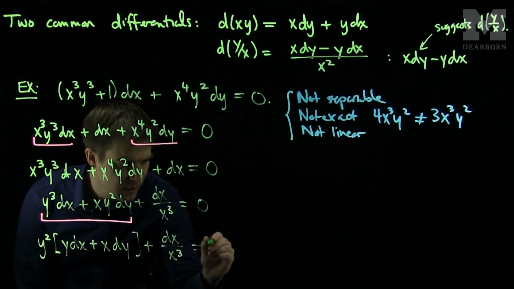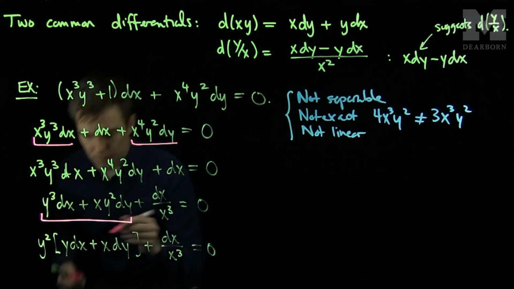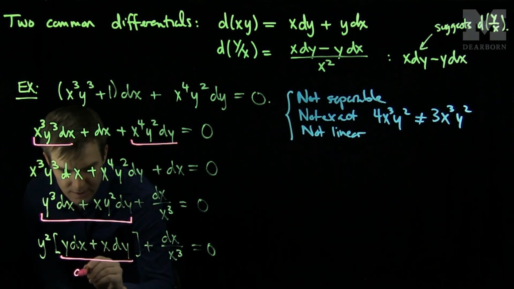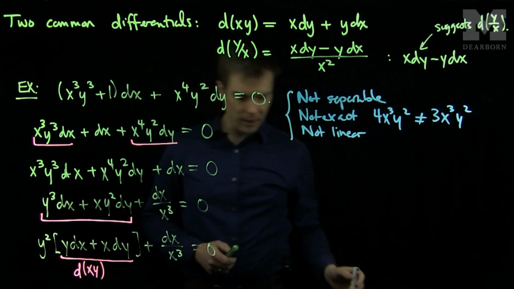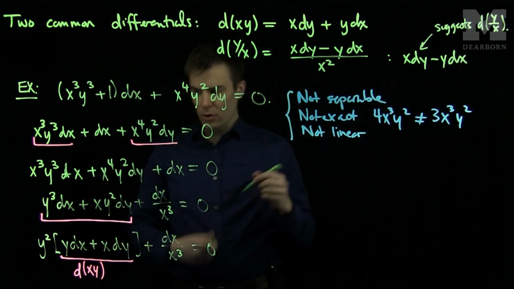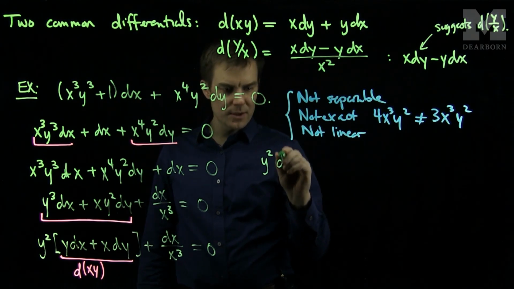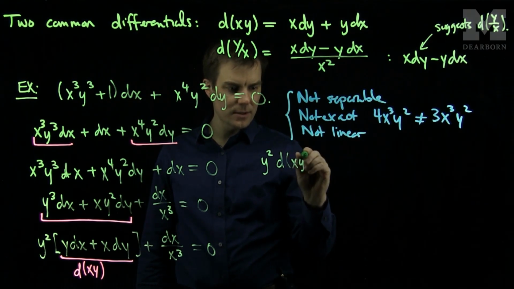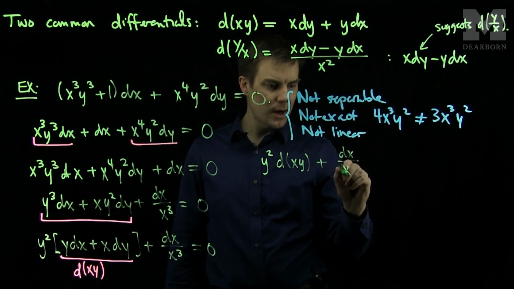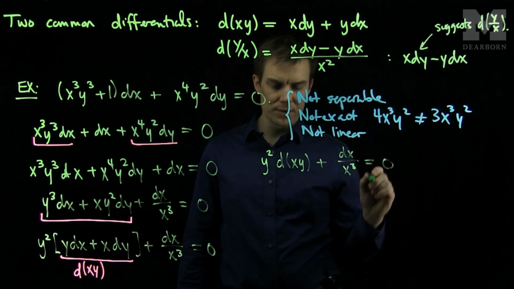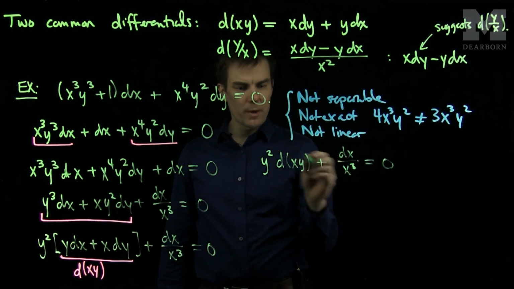Now the two terms in parentheses are exactly d of x times y by our rule. So I can now write our differential equation in the following form: y squared times d of x times y plus dx over x cubed equals 0. And the final thing I will do is re-multiply the equation by x squared.